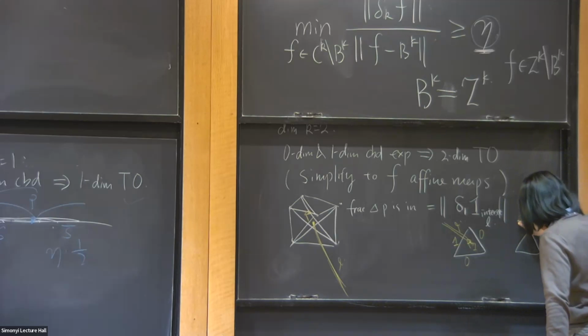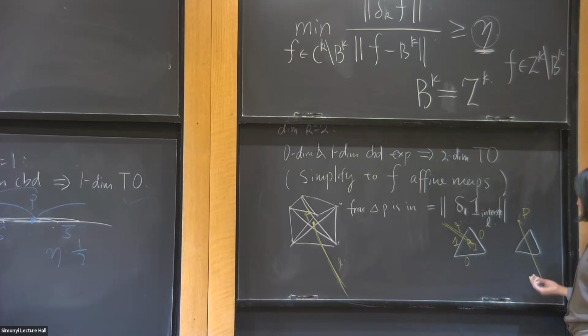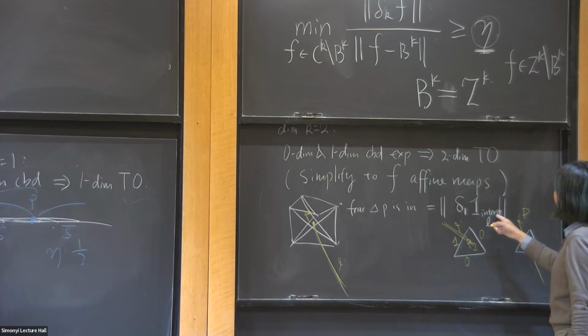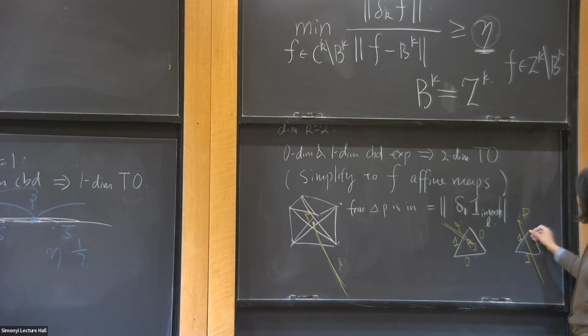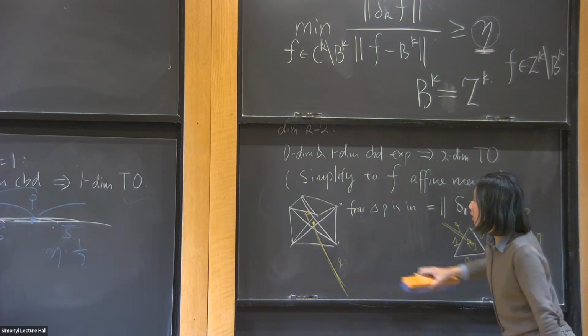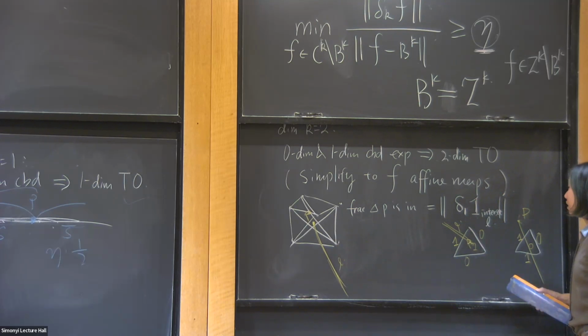In general position, it will be something like this. Then we can define the function to be 1 on these two edges and 0 on this edge. If we apply the coboundary map, this triangle will give us a 0. This is exactly how you count the number of triangles: by constructing functions like this.